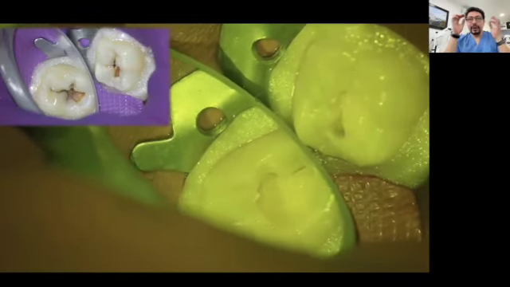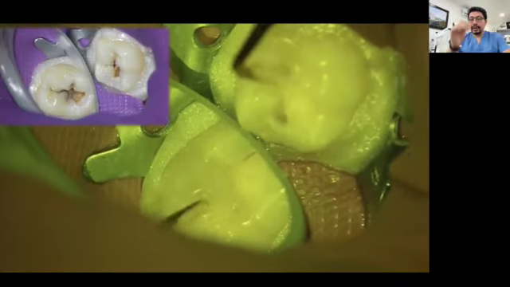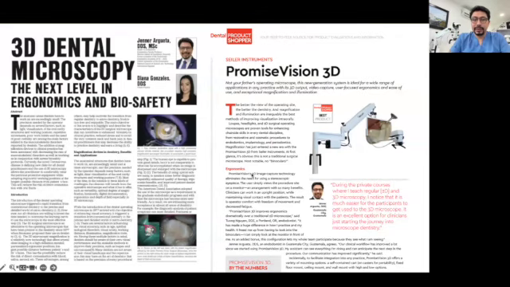Or you can use the regular glasses for protecting your eyes and use the microscope, the 3D or the regular microscope. We have been working for a long time in clinical research related to the regular microscope and to the 3D microscope.